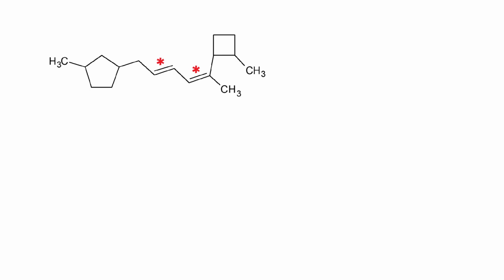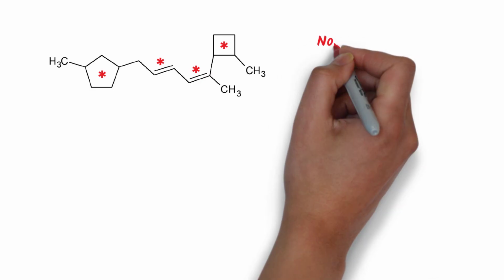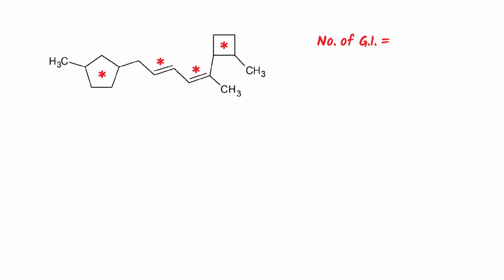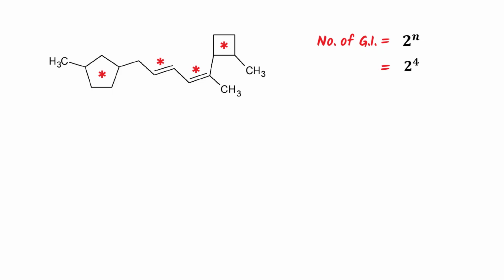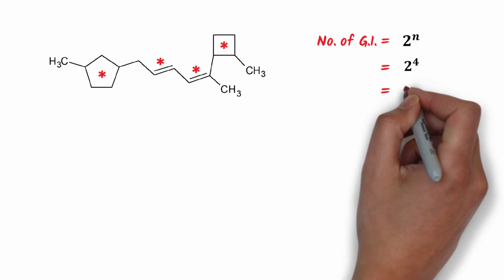Clearly, both the rings will be stereocenters. So in total, there are 4 stereocenters in that particular molecule. As the molecule is unsymmetrical, the number of geometrical isomers will be equal to 2 raised to the power n, that equals 2 raised to the power 4, and that gives the number of geometrical isomers equal to 16.